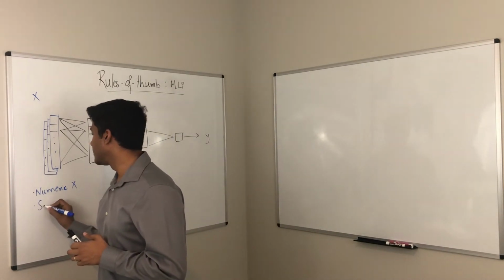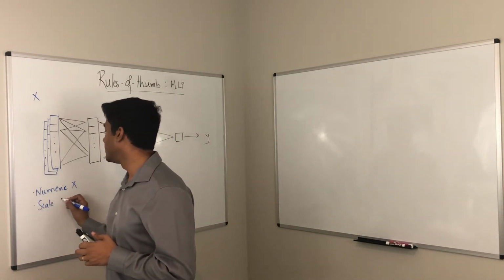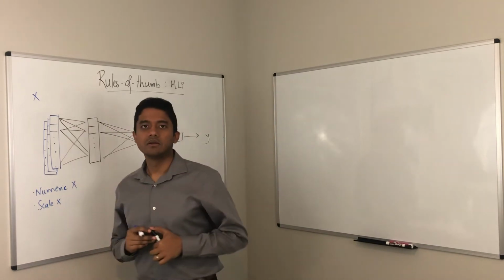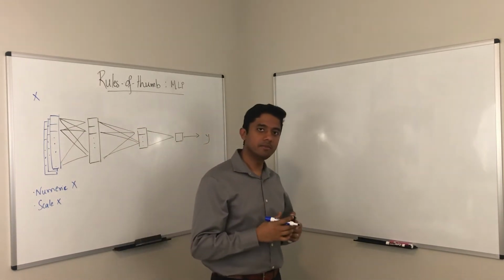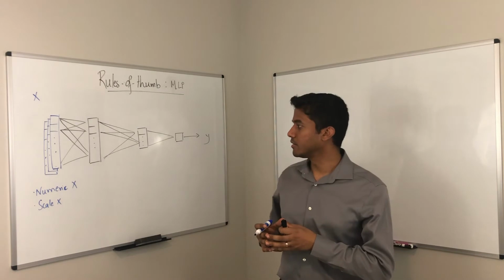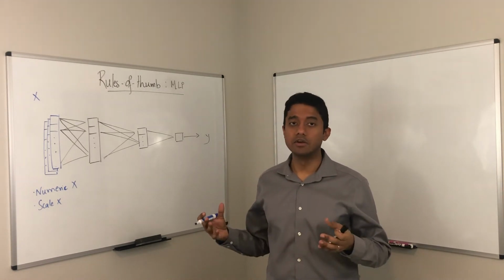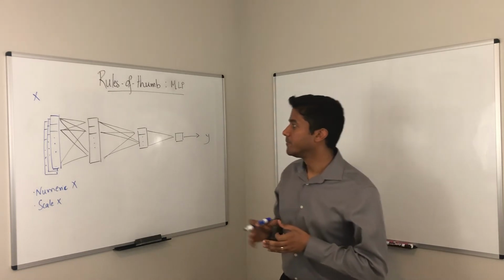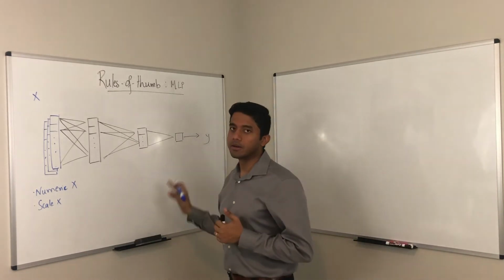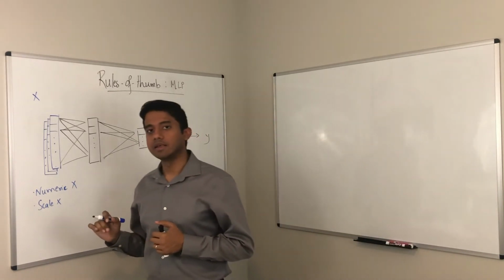Second is scale your X. Scaling is necessary because if the range of X is minus infinity to plus infinity, training this model becomes very difficult. So scaling is necessary.